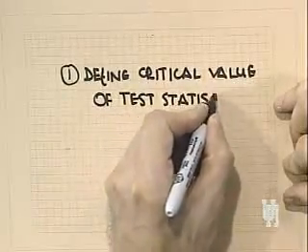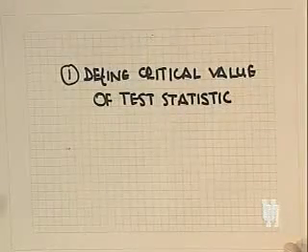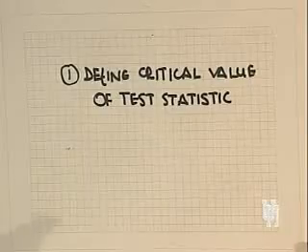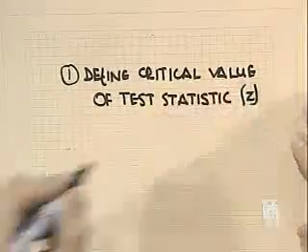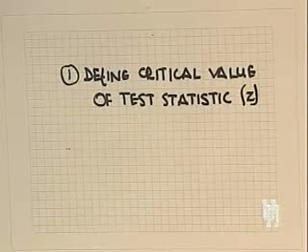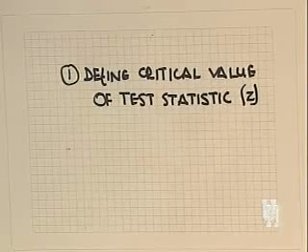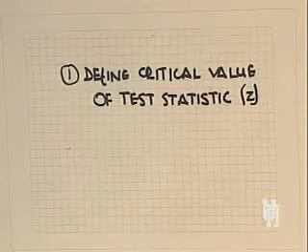And whenever n is large, as it will be in 3 of the 4 situations, that test statistic is z. In the other situation in which n is small, that test statistic is t. But we will come to that.